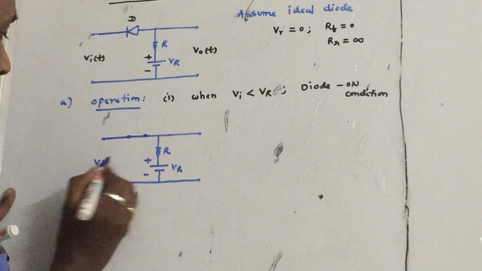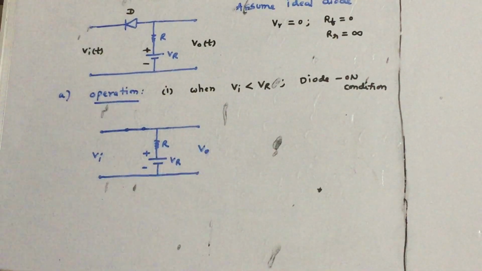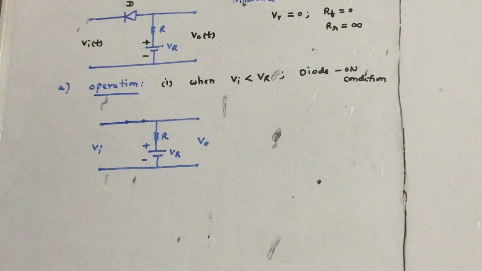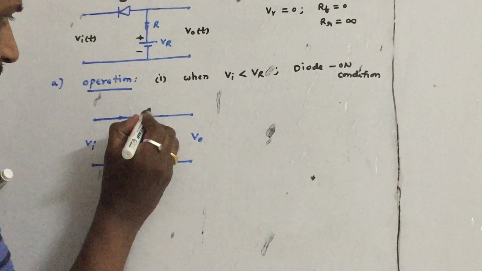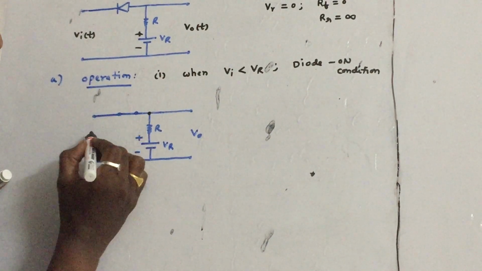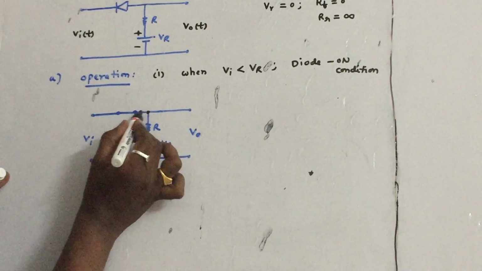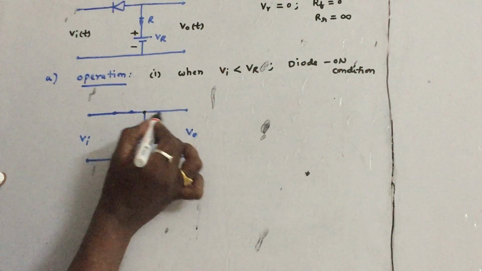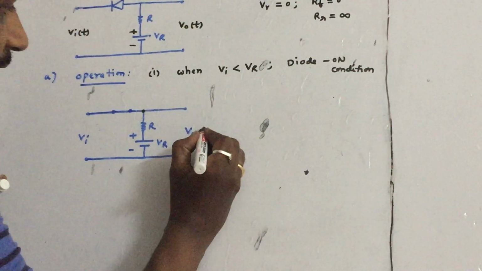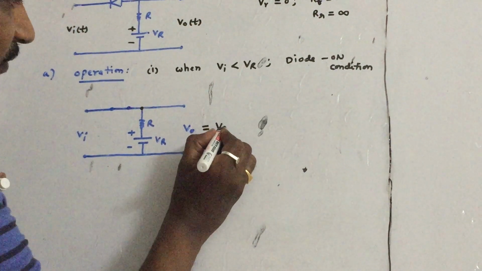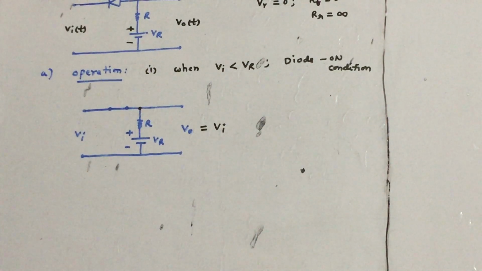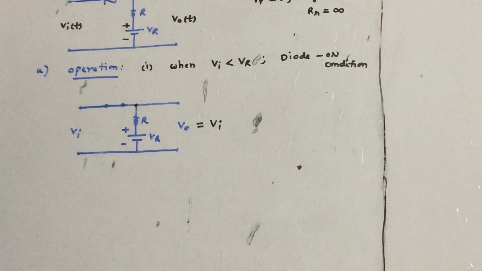This is the input, and this is the output. From network knowledge, this node is directly connected to Vi, so the node voltage is Vi. The output is directly connected to this node. Therefore V0 is equal to Vi.